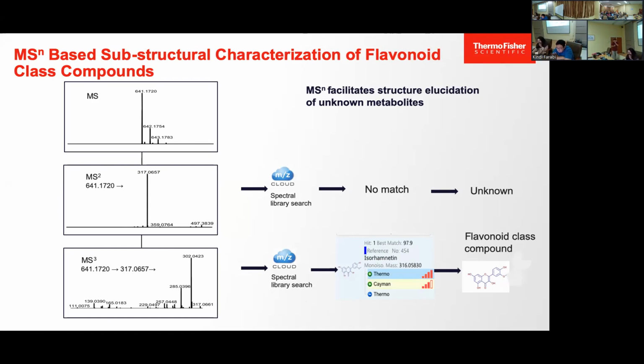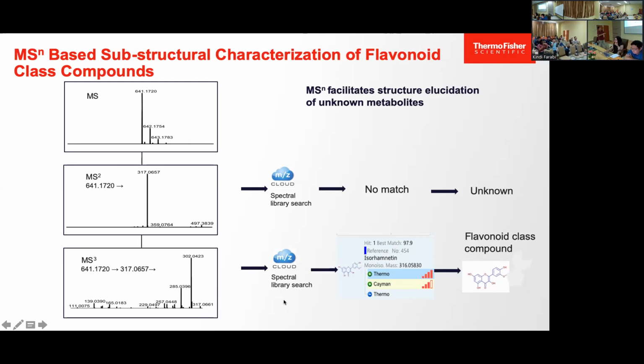The beauty of the software is that our data processing software will access this online database automatically and give you the identity. So if I search the spectral library on MS2 and it doesn't give me any matches, I can still search the spectral library with MSn, MS3.